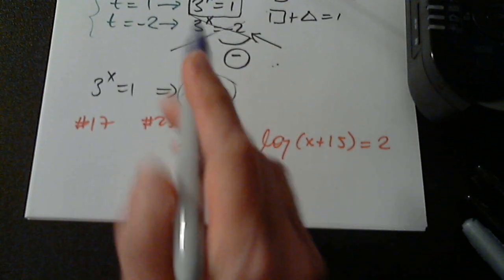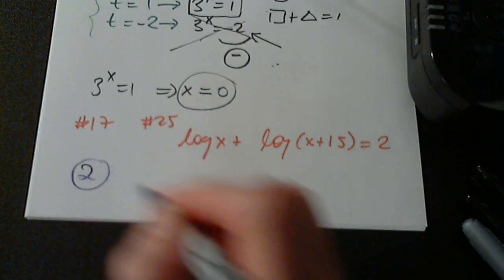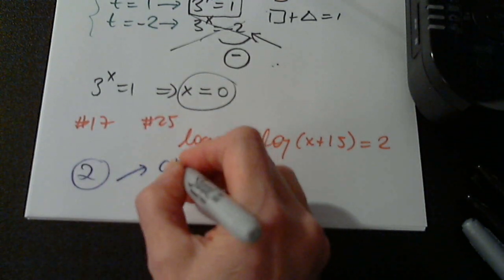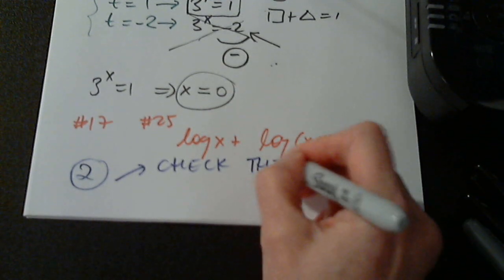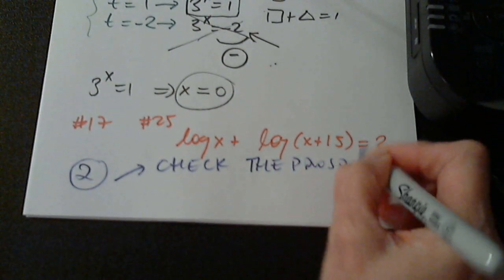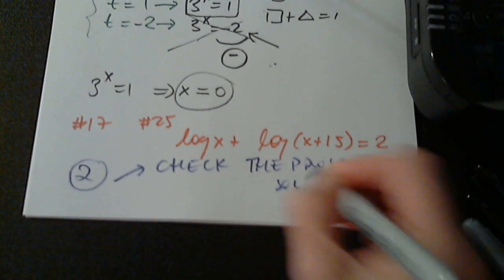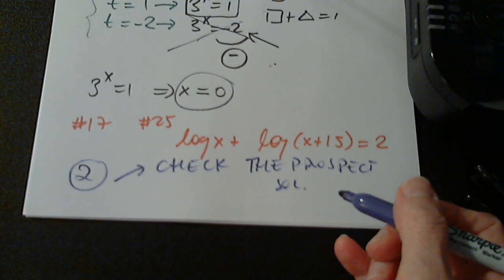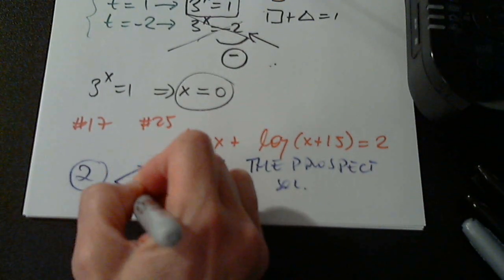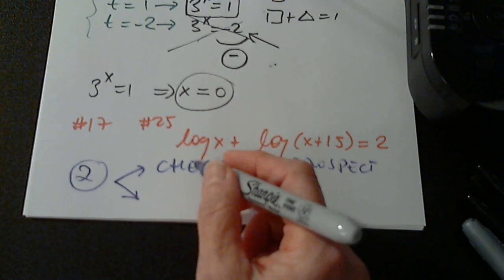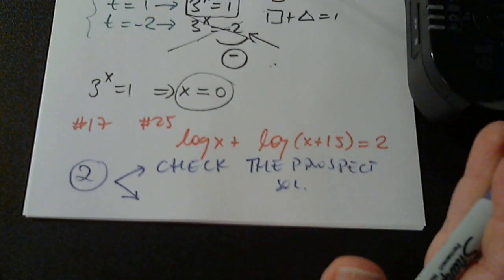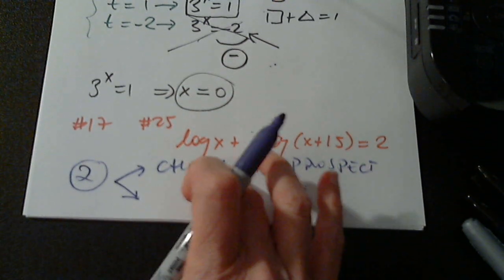Okay, so there are two options here. Option number one, you check the prospective solution back in the original problem. The other option, which I prefer, but you don't have to, but you must choose one or the other. You don't have to be consistent. For this problem, you may choose this.